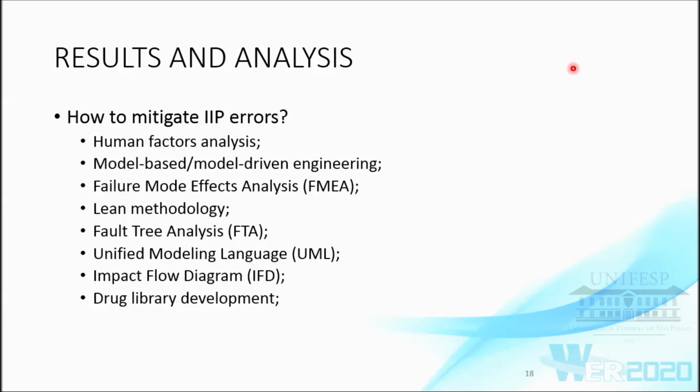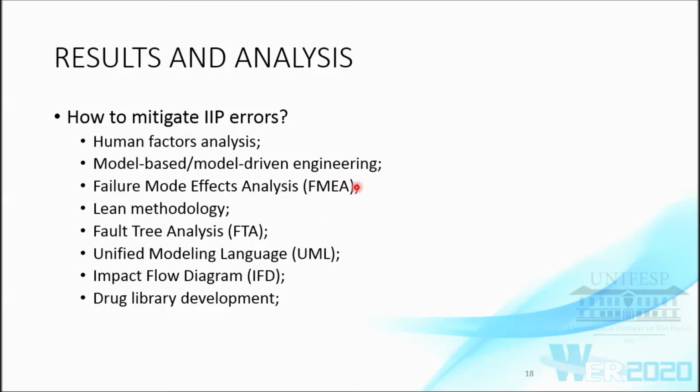To comment on the system to mitigate errors, some discussed on the studies are human factor analysis that may help to refine the product to attain the user expectation. Model-based and model-driven engineering. On this technique, models are built from expected properties, and the implementation occurs from that model.